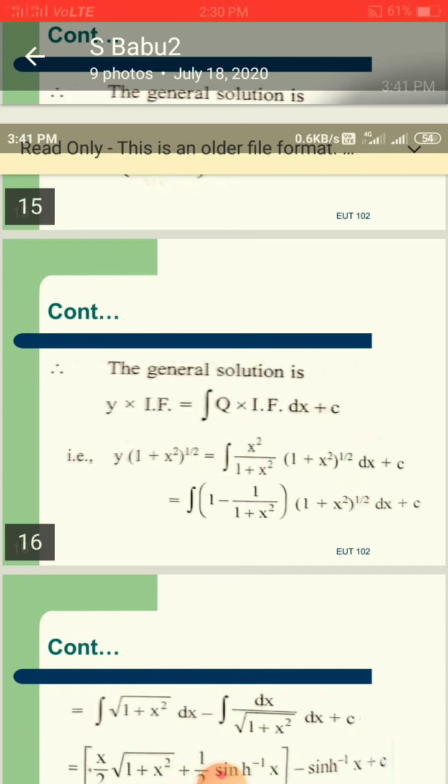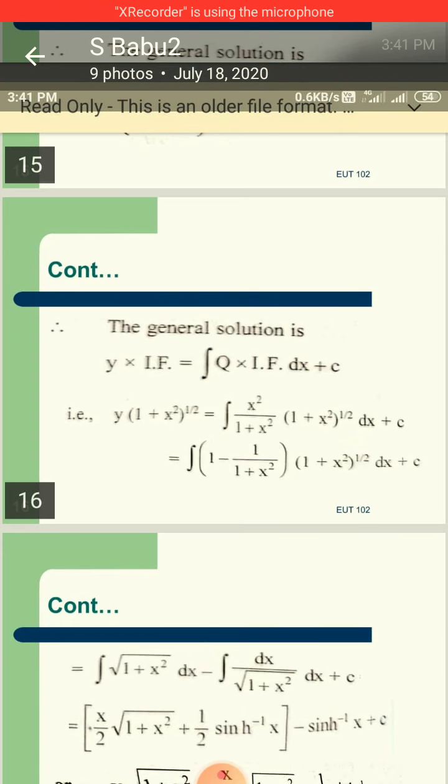So y we know, integrating factor 1 plus x square power 1 by 2 we know. So we have written it as integration of x square by 1 plus x square into the integrating factor, 1 plus x square whole power 1 by 2, with respect to x plus c.